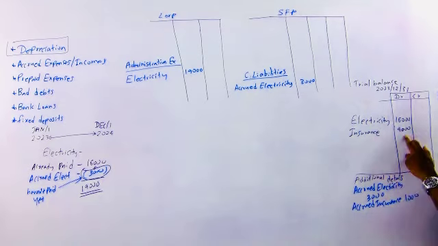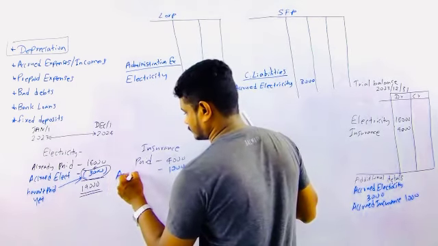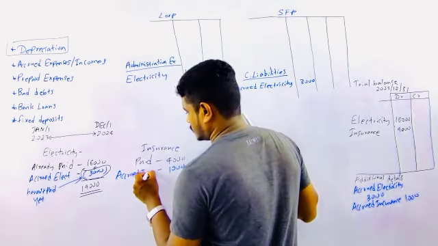The meaning of this is we have already paid 4,000 for insurance, and we have another 1,000 to pay. 1,000 rupees to pay. 1,000 remaining. We call it accrued insurance.